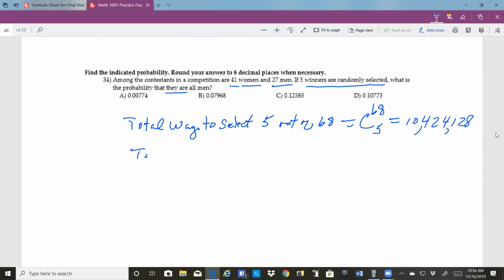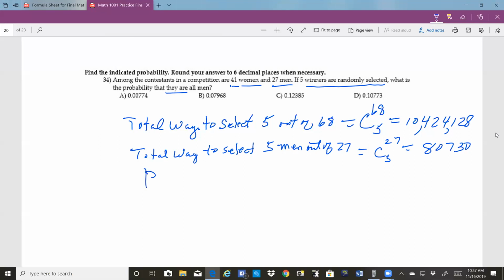The total ways to select 5 men out of the 27 men is going to be a combination of 27 taken 5 at a time. And that's 80730.